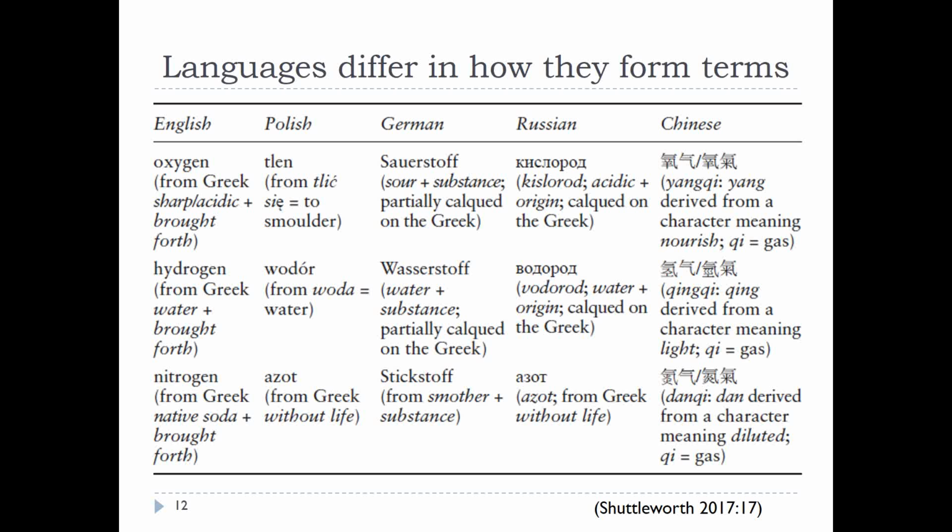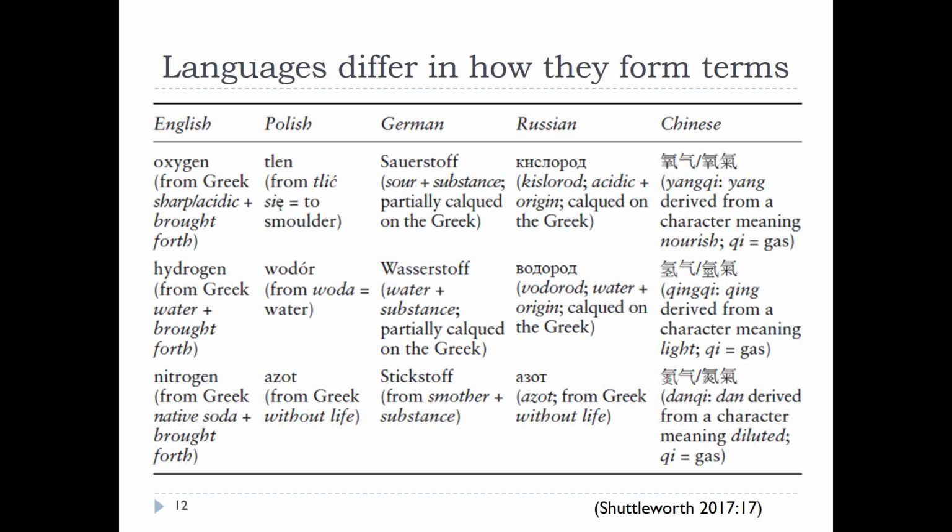This is not the case in other languages, for example, other European languages, and here I'm listing Polish and German and Russian. And in the case of these languages, what you see is that sometimes they will use their own resources to create a term. This is the case in all 3 German examples: Sauerstoff, Wasserstoff, Stickstoff.